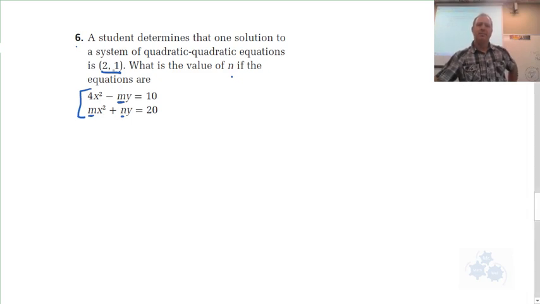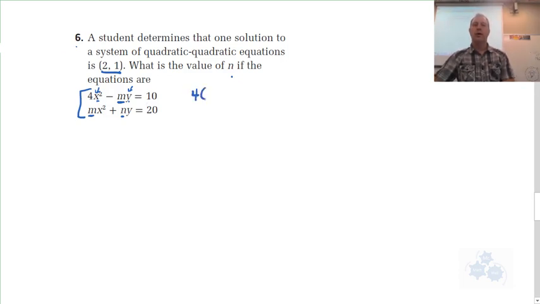Well, let's see here. This is a bit tricky, but because I've got an x value and I've got a y value, if I put the x and the y into the first equation, I only have one variable that's unknown, and that's the m. And I can actually solve for the m then. So that's what I'm going to do. So watch carefully.